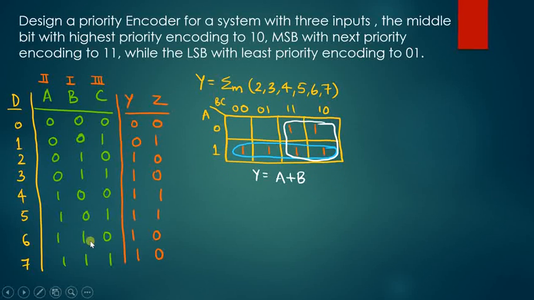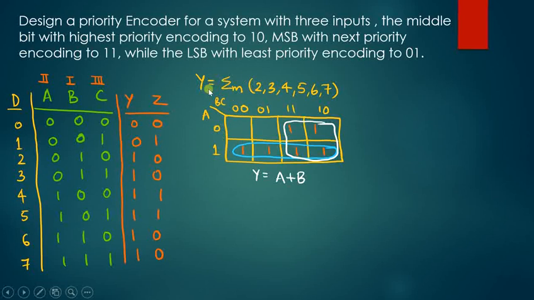Now, to obtain the expression or to design the priority encoder, I am going to write the expression for output Y and the expression for output Z. If you look at the expression for output Y, you have decimal notations 2, 3, 4, 5, 6 and 7.